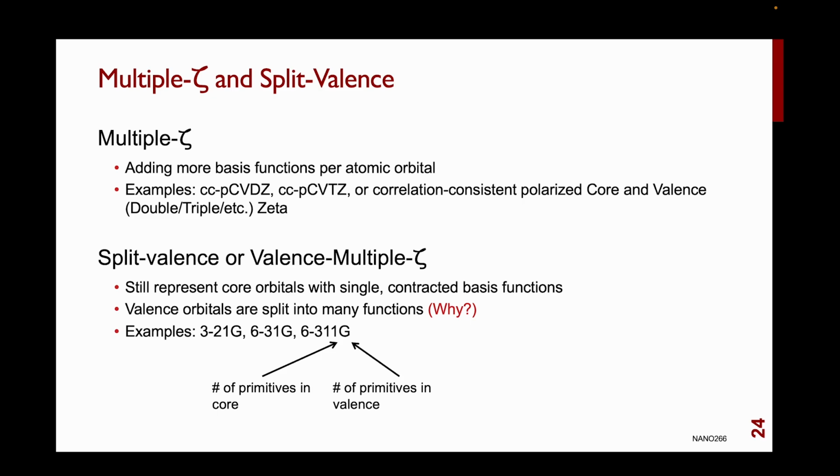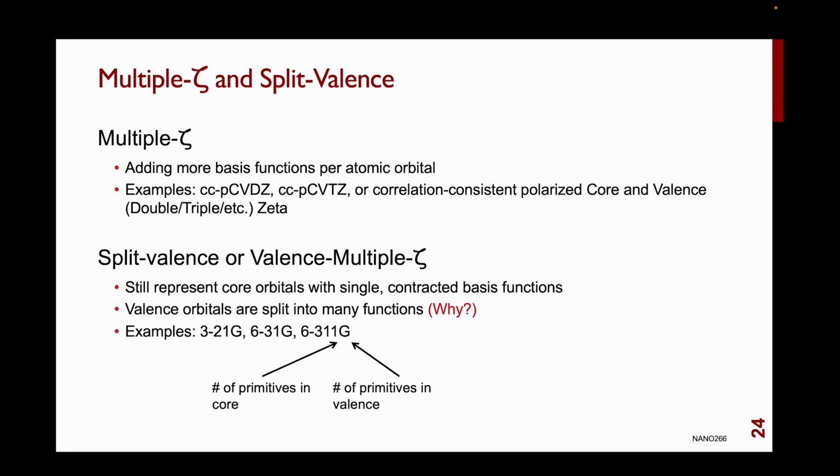Okay. So some examples, when you actually get to your lab number 1, you are going to encounter all these terms over here. There's this set of multiple zeta orbitals called cc-pCVDZ. I know this is a mouthful. CC just stands for correlation consistent. P stands for polarized.